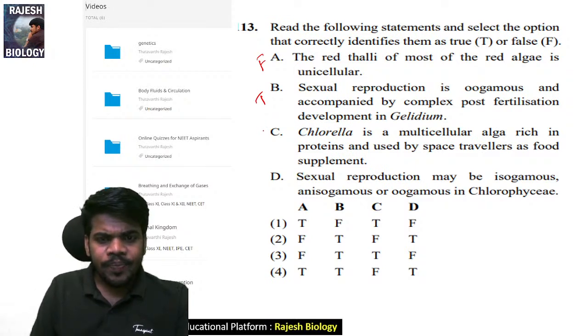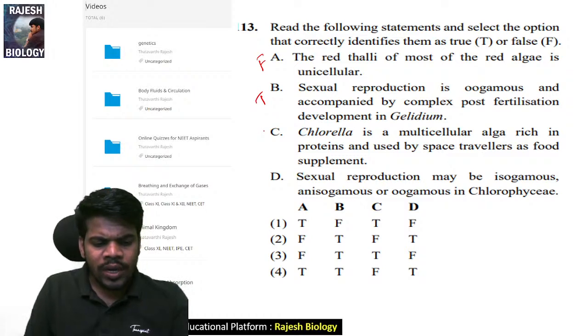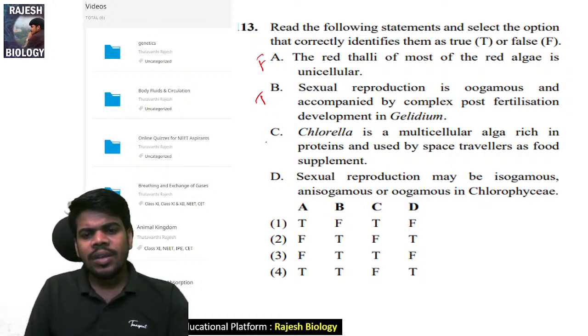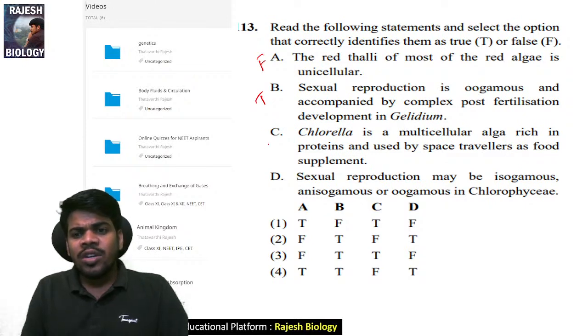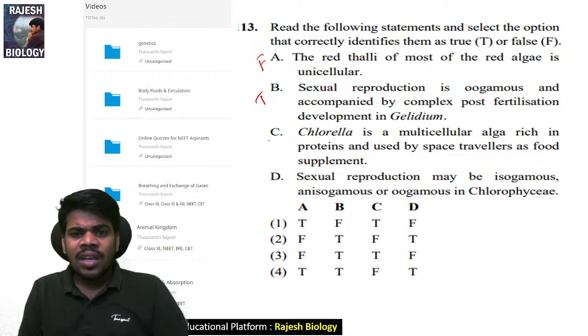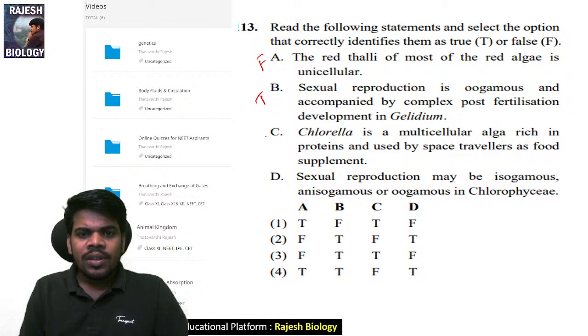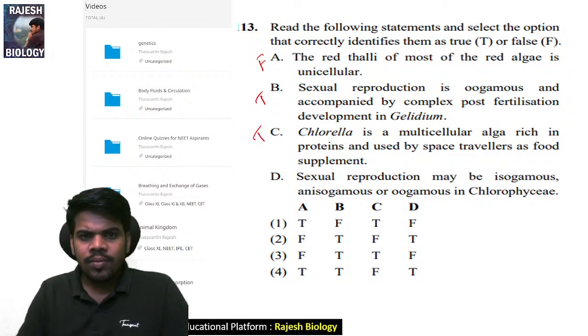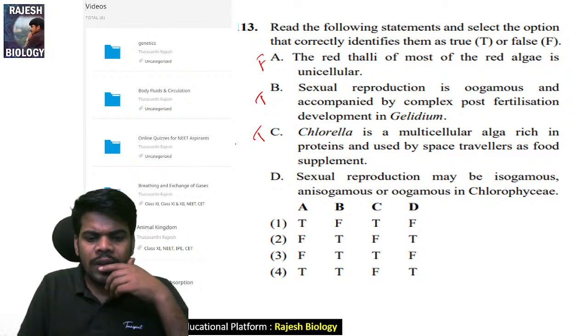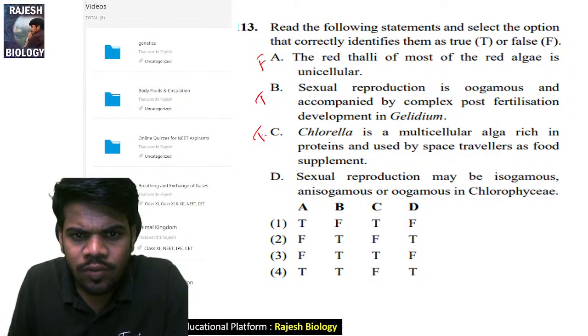Yes, Gnaneshwari. 12th option 2 is right. Very good. Come to the C. Chlorella is a multicellular algae rich in proteins and used by space travelers as food supplement. It is also correct. No, as per the key it is wrong. False.